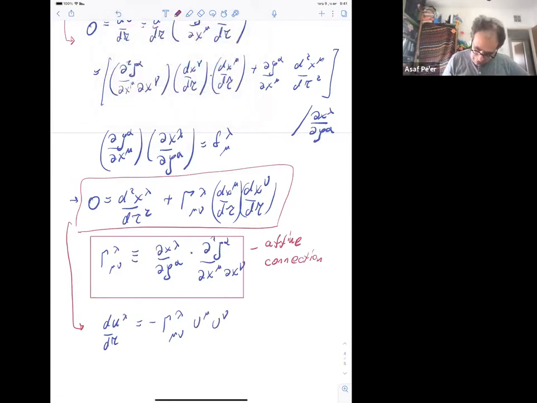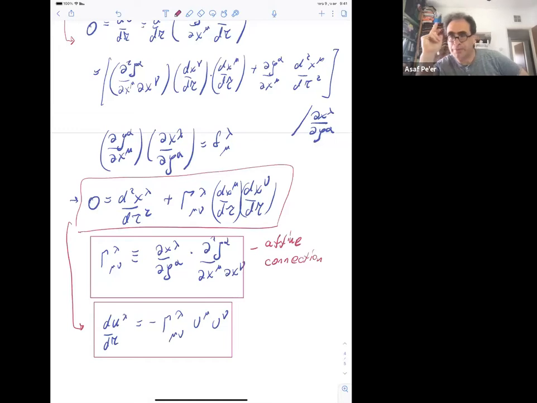And that is the equation. Again, look at what we did here. This is the equation of a free particle. There are no forces acting on this particle.